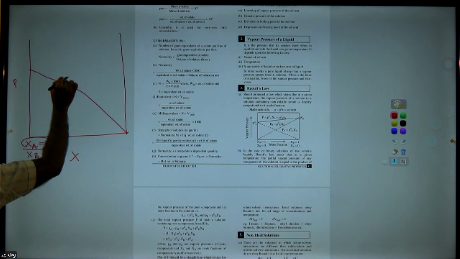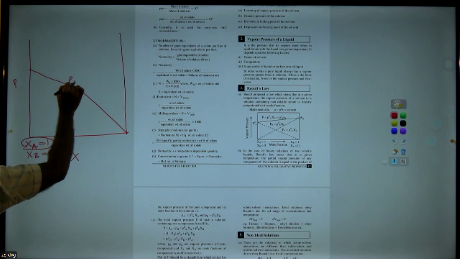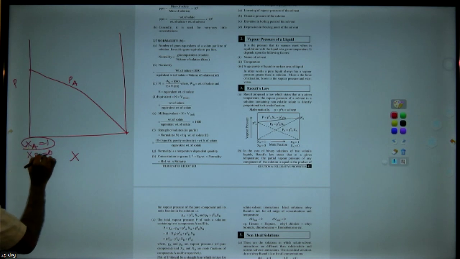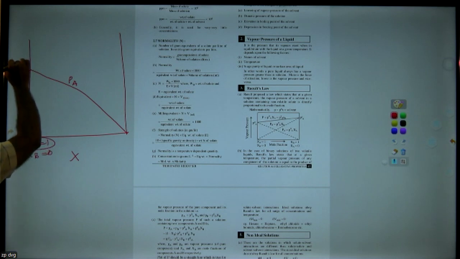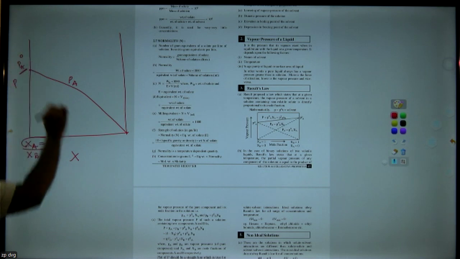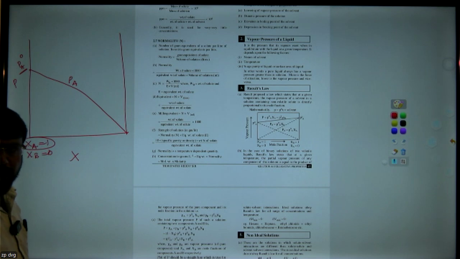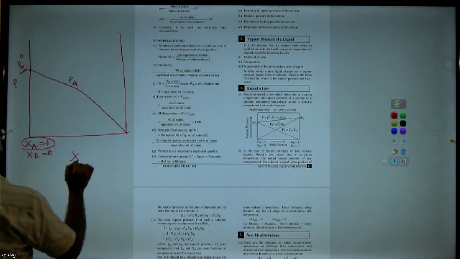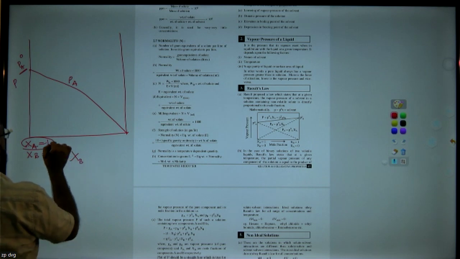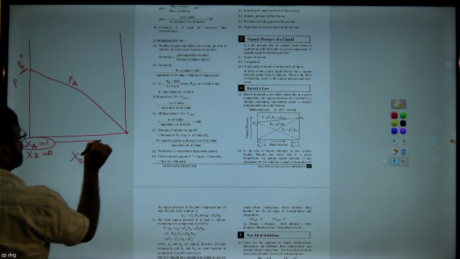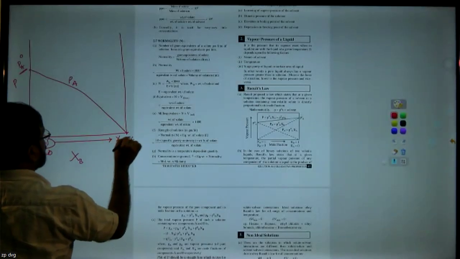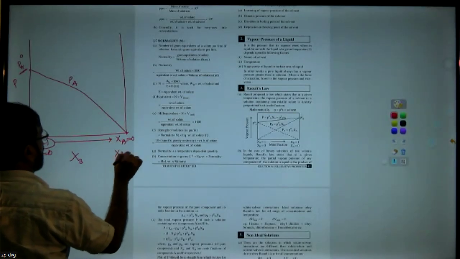Here this is related to the first component, PA. Whenever XA is equal to 1 and XB is equal to 0, then it is equal to PA naught, the vapor pressure in pure state. Next, XA is decreasing toward 0 and XB is increasing toward 1.